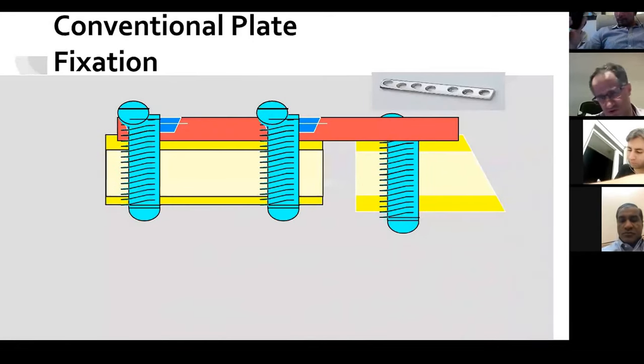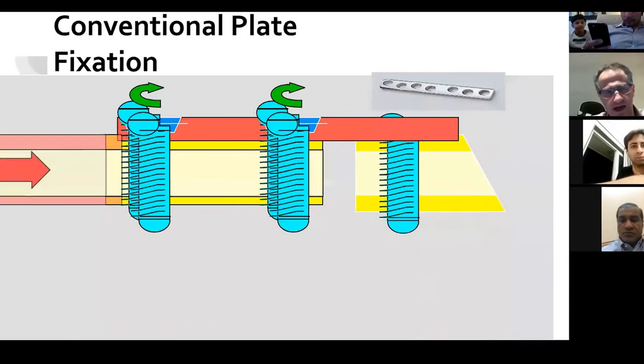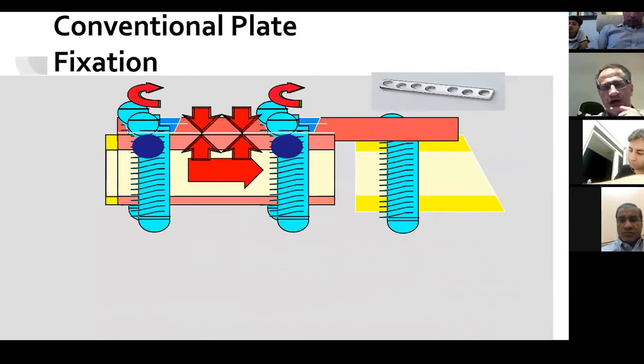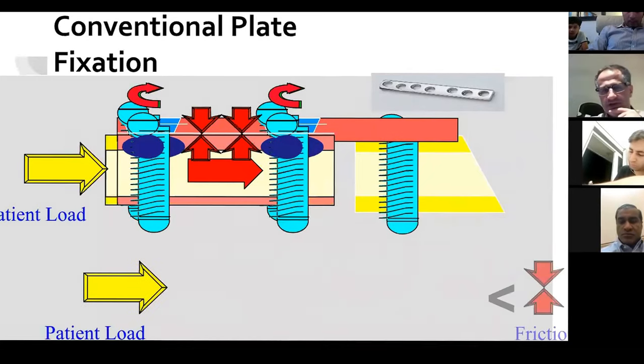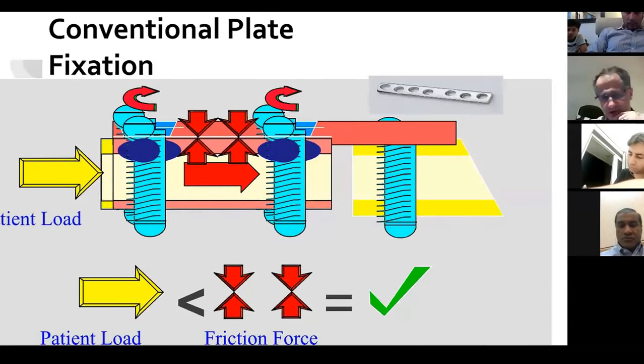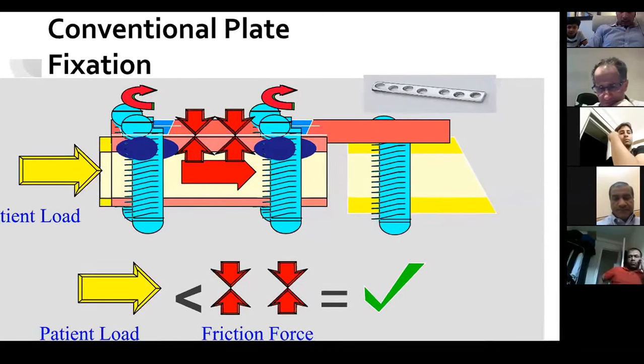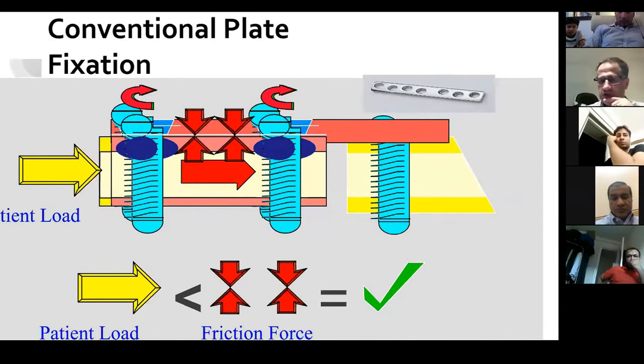So you're compressing your plate onto the bone, and once you've done that, you're loading the bone, and then the patient's own load adds on. Sorry, apologize, go back. The friction force is far more than the patient's load, therefore your plate construct is going to be preserved.